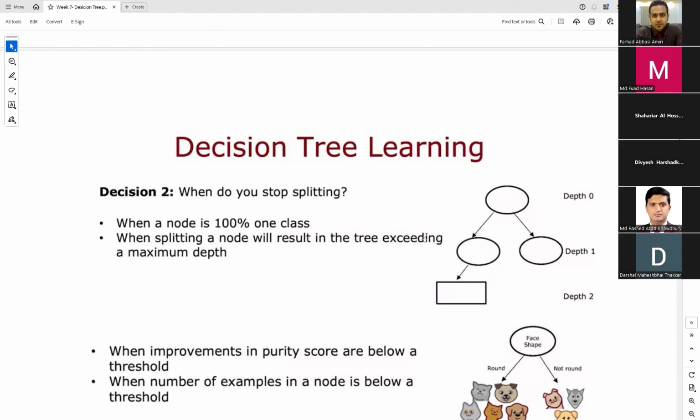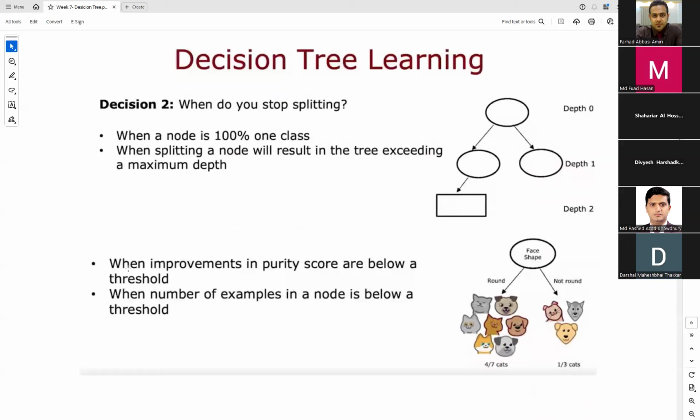For example, you set that you need your decision tree to have just 3 levels, or to stop at depth 3. If this is the case, the decision tree stops at that level and doesn't go further.